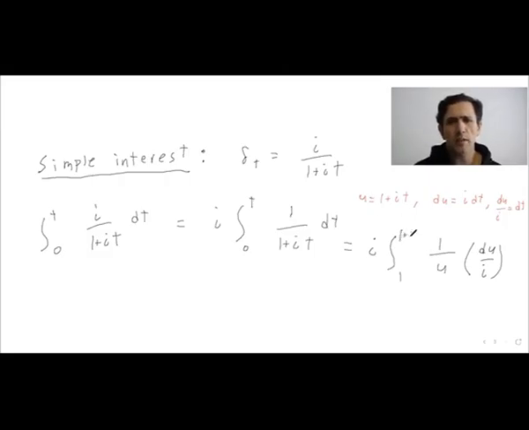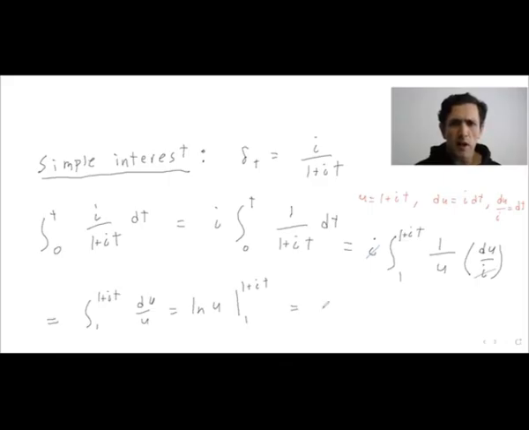So it's 1 plus it, and we cancel out these constants. And so this is going to be the integral from 1 to 1 plus it of du over u, which is ln of u, really ln of the absolute value of u, but anyway, not going to worry about that.